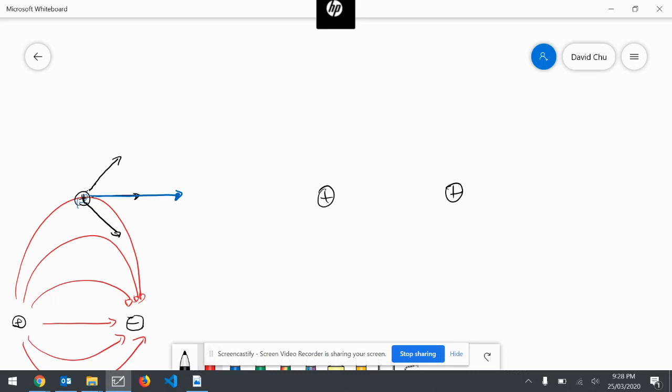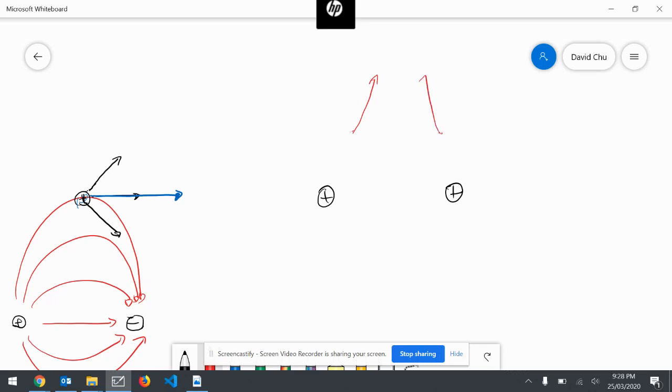Remember, the field line gives a direction: the tangent of the field line is where the force is going to. If you have something in the middle here, it's going to have equal force from the two of them. If you have something around here, it's going to go that way.